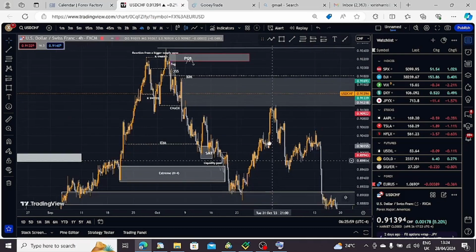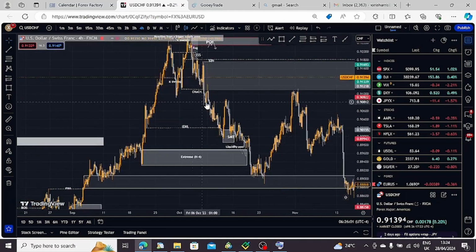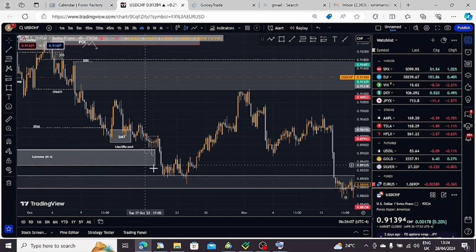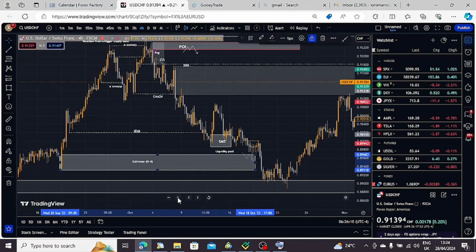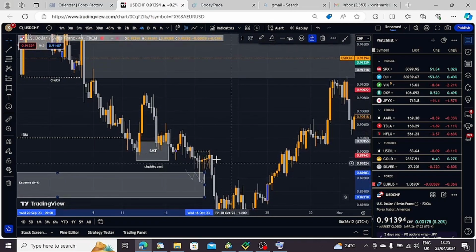So yeah, this is back in October. We get to see prices fell, came to my extreme zone here. Didn't buy off from my extreme zone. I can explain why. It's because prices couldn't break above the highs here, rejected. So I knew right away we're going down.